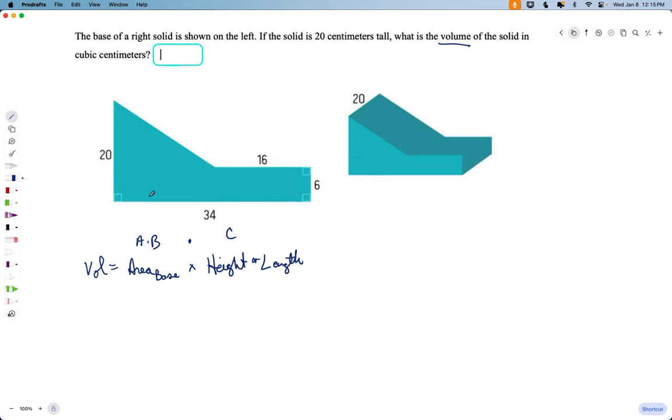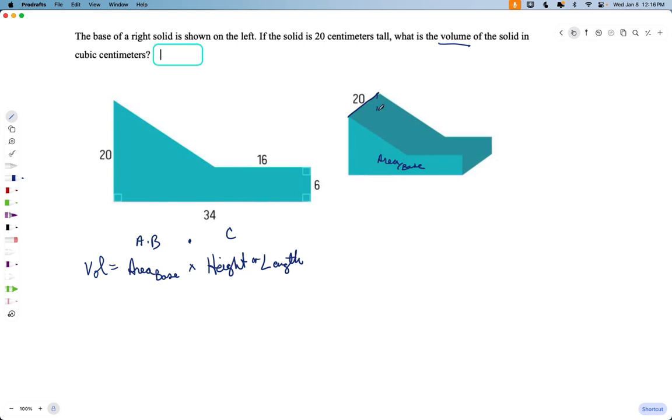So our area is this. This is our area of the base. And then this is going to be our length or our height, depending on whether it's sitting on the base or it's laying on its side. In this case, it's laying on its side. The prism has been knocked over and it's laying on its back. So the base is showing, it's turned up.